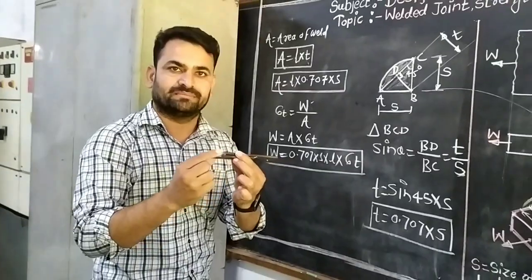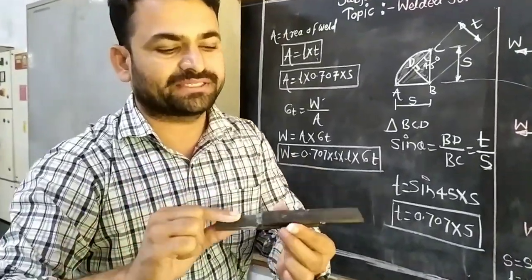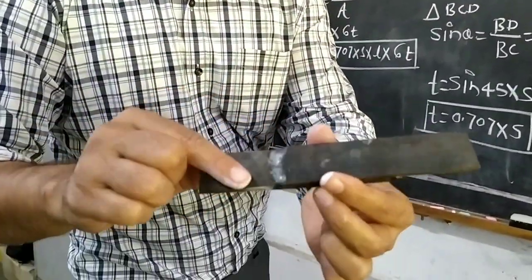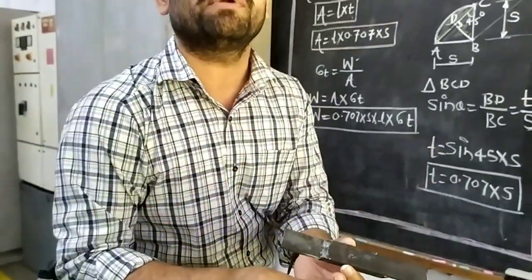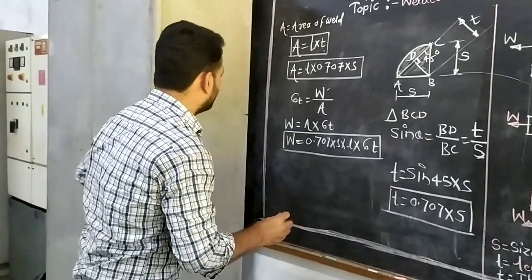If you weld this plate in both directions, see here, this is first and this is the bottom. So for a double transverse fillet weld, the strength will obviously be double.